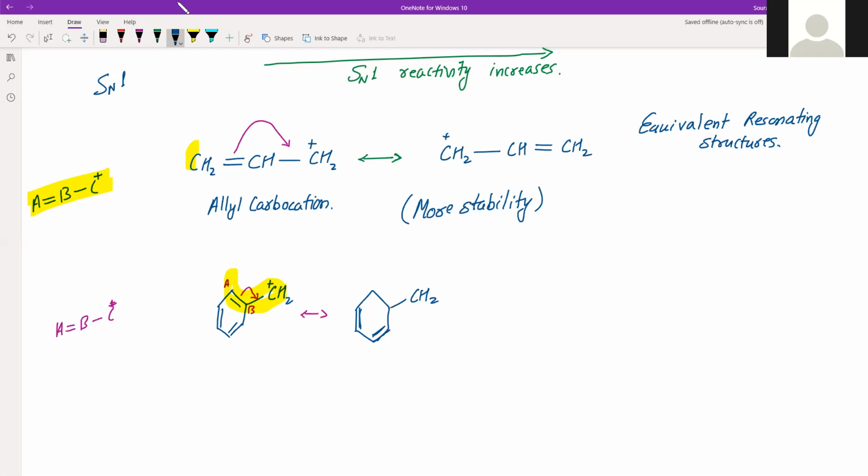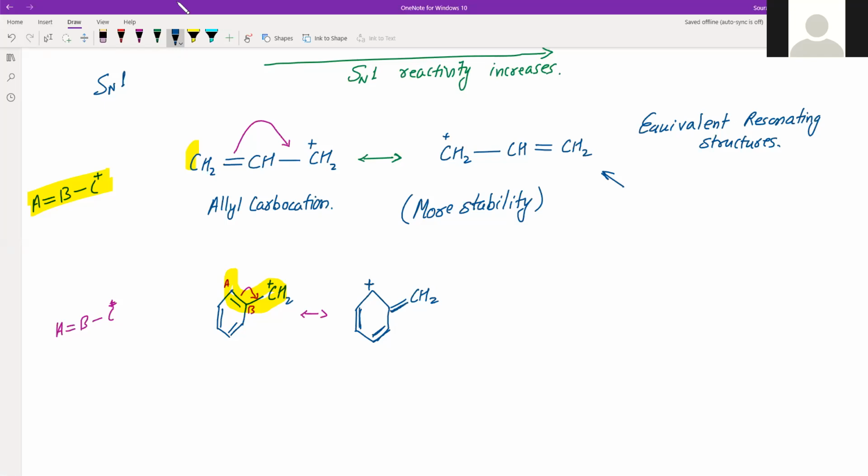So what all changes will be here? Because this bond has moved from here, on that carbon which is marked here as A, we will have a positive charge. It is the same as we have seen here. There is no difference. And there will be a double bond with CH2.